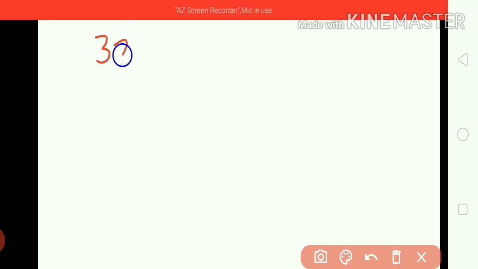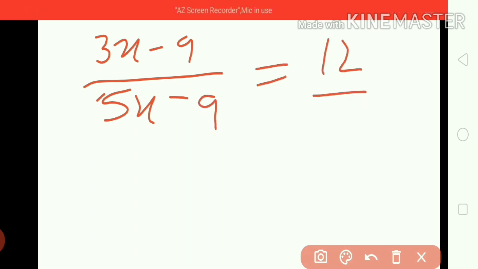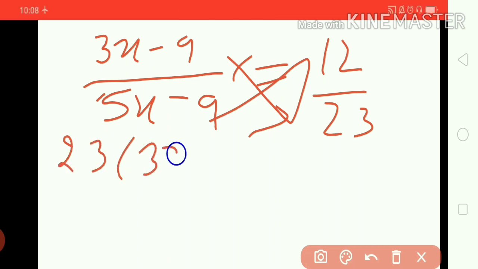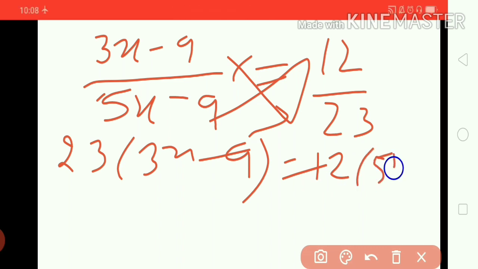We have the number 3x with 9 subtracted from it, and from 5x 9 will be subtracted, then it is 12/23. So the ratio can be written in the form of a fraction here. Now do the cross product: 23 multiplied with 3x minus 9, and 12 multiplied with 5x minus 9.